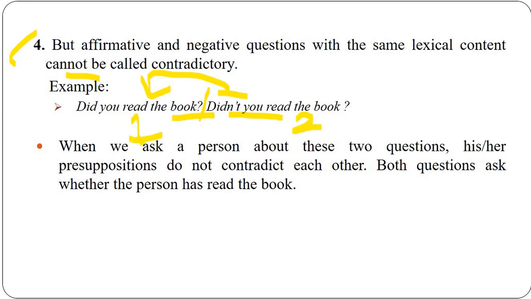We cannot claim it because in questions there is not such a rule as in, let's say, imperative sentences. So when we ask a person these two questions, his or her presuppositions do not contradict each other. Both questions ask whether the person has read the book or not. So both of the questions ask the same thing.